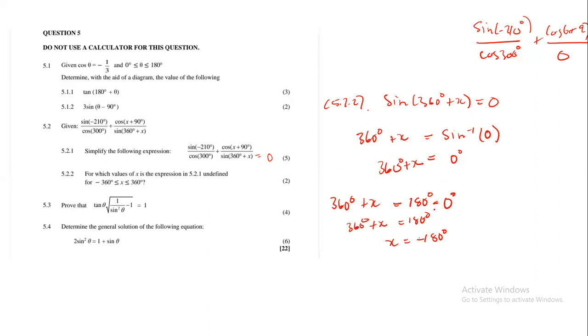Again, I'm going to take the third quadrant, but I'm not going to do the third quadrant because we know the third quadrant is 180 plus. So 180 plus this reference angle will most definitely be greater than the interval, because they wanted us to work within the interval of negative 360 and positive 360. So 180 plus 360 is greater than that. So I'm not going to take the third quadrant. And then I go to the fourth quadrant.